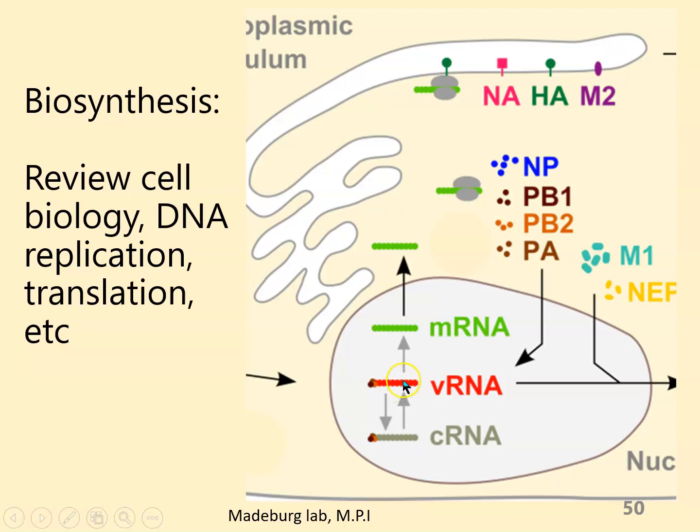To do that, it has to make a complementary strand like messenger RNA, but it doesn't actually use this to make the copies. It makes what we call a copy RNA, which is the same as this, except that it doesn't get used as messenger RNA. It only exists as a template for making more of this. So this is the reverse complement that allows the virus to make many copies.